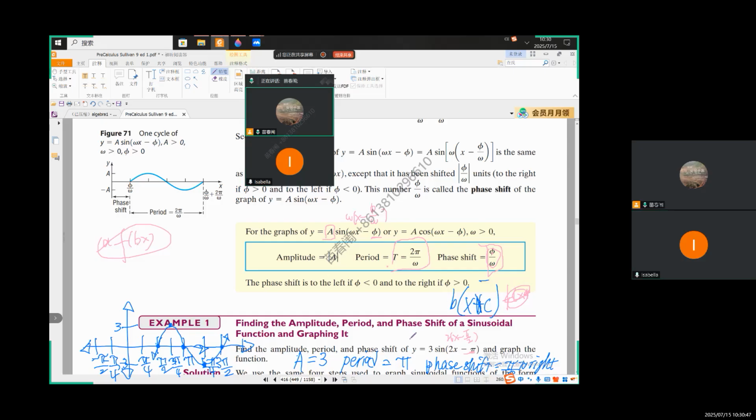So this is pi over 2. So the entire pi is still the period, from pi over 2 to 3 pi over 2, and you basically shift pi over 2 to the right.